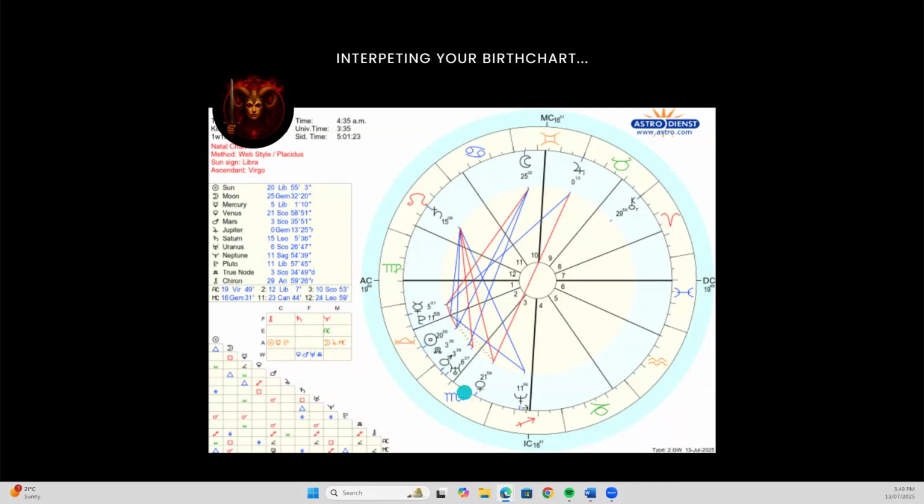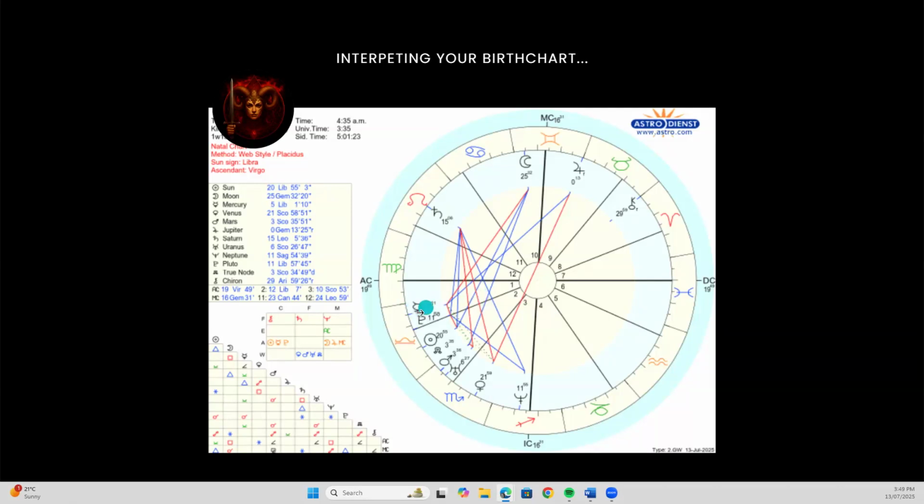So we now know that we have these different zodiac signs, and then we've got the different houses, which basically represent different life areas. And so the zodiac sign will change the flavor of that life area.